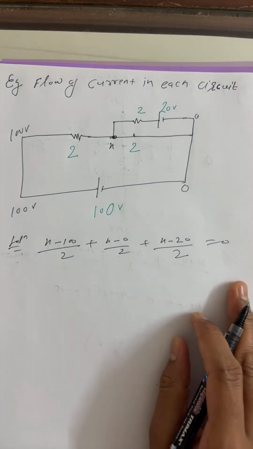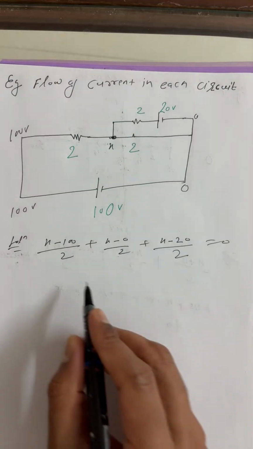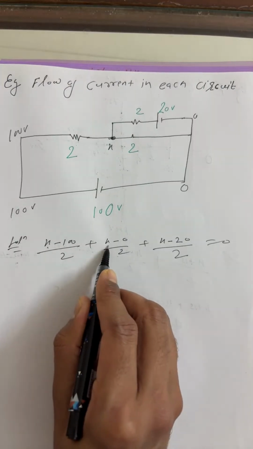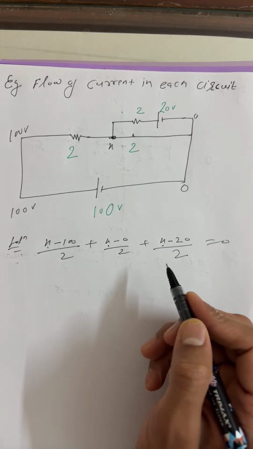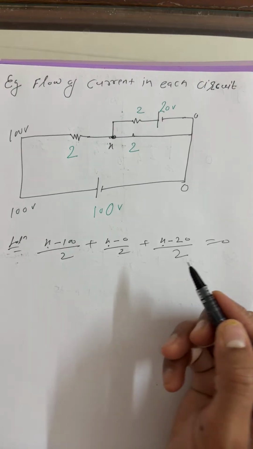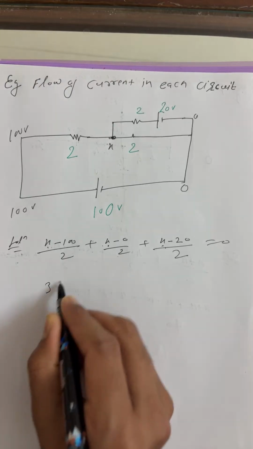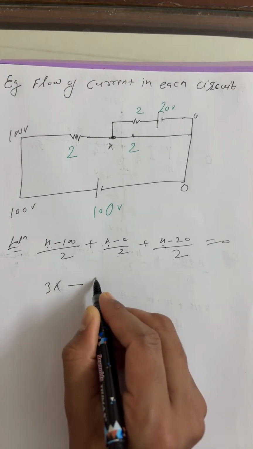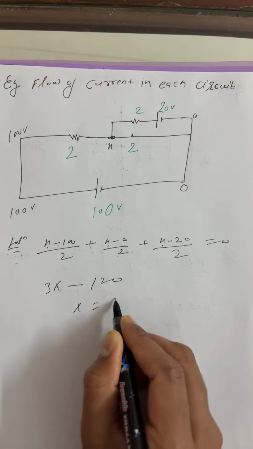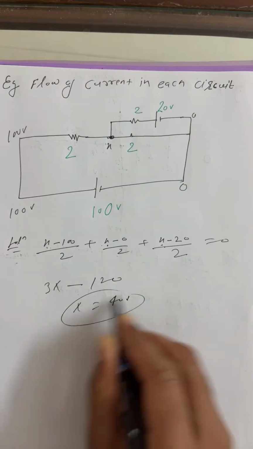Take the LCM everywhere. So 1x, 2x, 3x, this is 3x minus 120, so x is 40 volt.